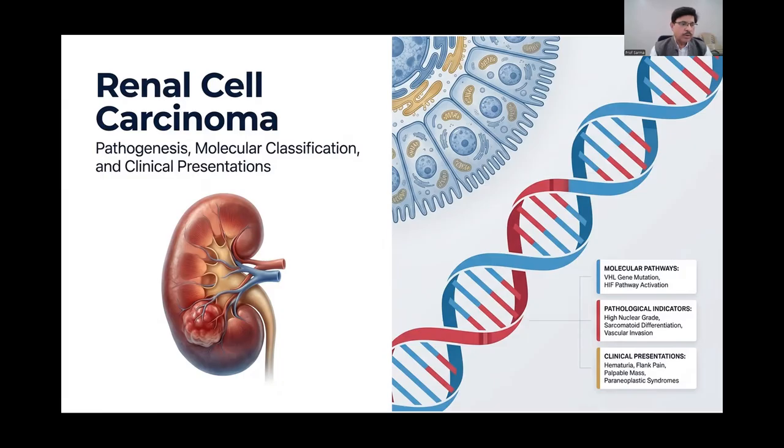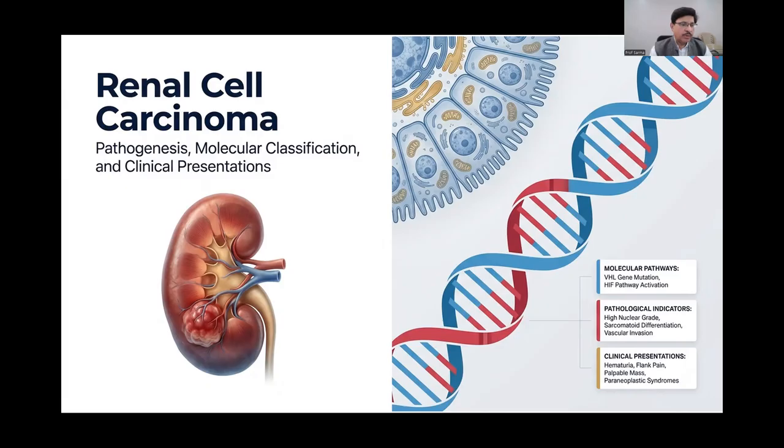So welcome everyone. Today's postgraduate discussion is on renal cell carcinoma. Today we will deconstruct RCC not merely as a morphological entity, but with a molecular biology driven understanding of the genetic mutations which drive the tumor growth.